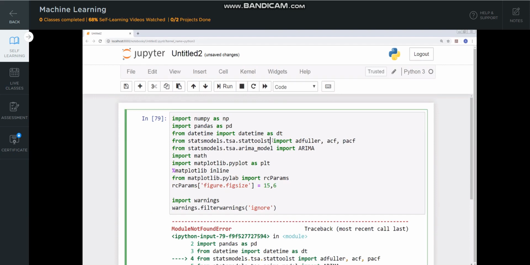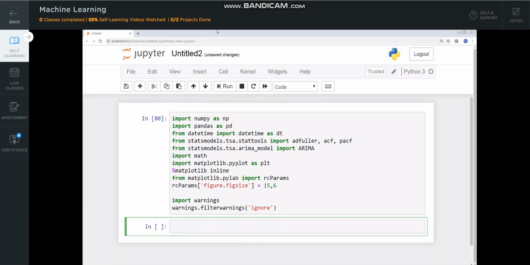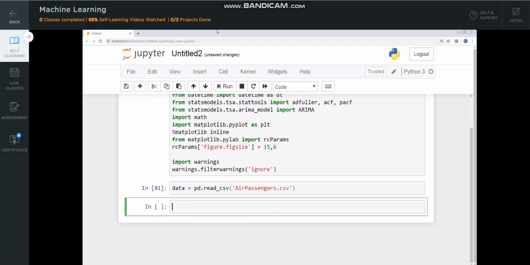Now let's load and read the dataset in a Pandas data frame. The dataset consists of the date and monthly passenger count values.